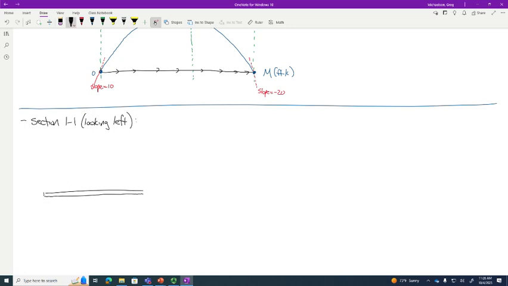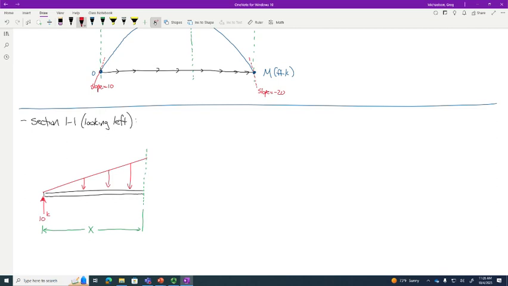Okay, so here's our beam. We have a vertical reaction right here. What was that vertical reaction, by the way? 10 kips. And we cut a section such that this distance right here is x. And we've got some distributed load.